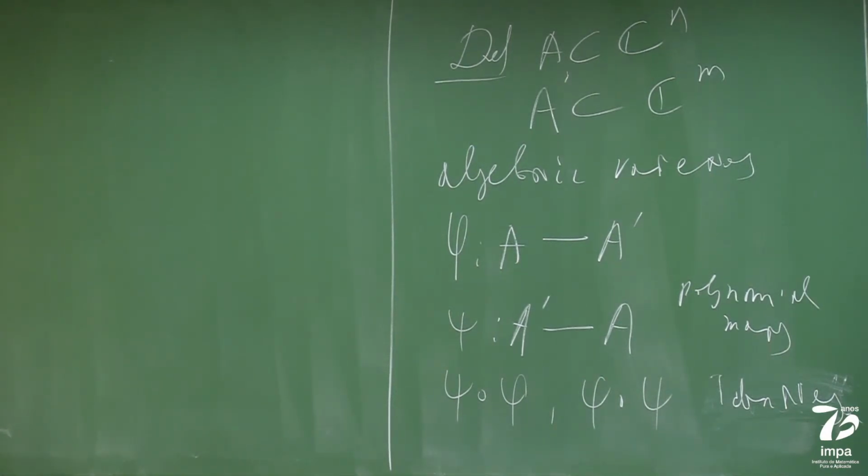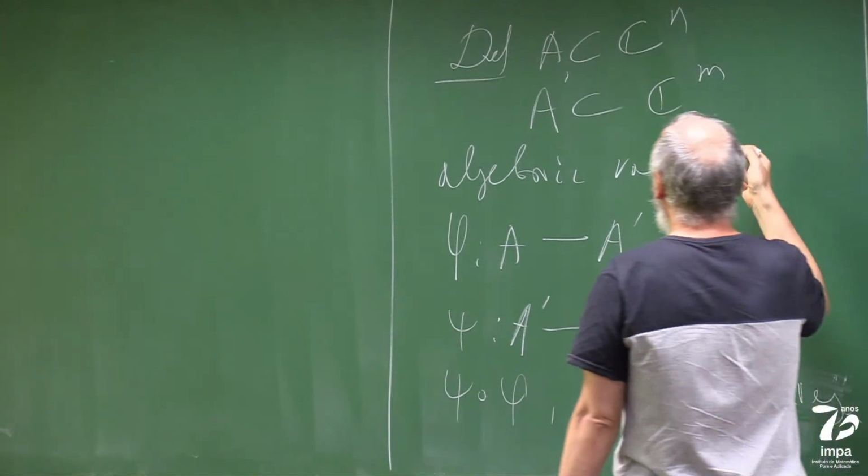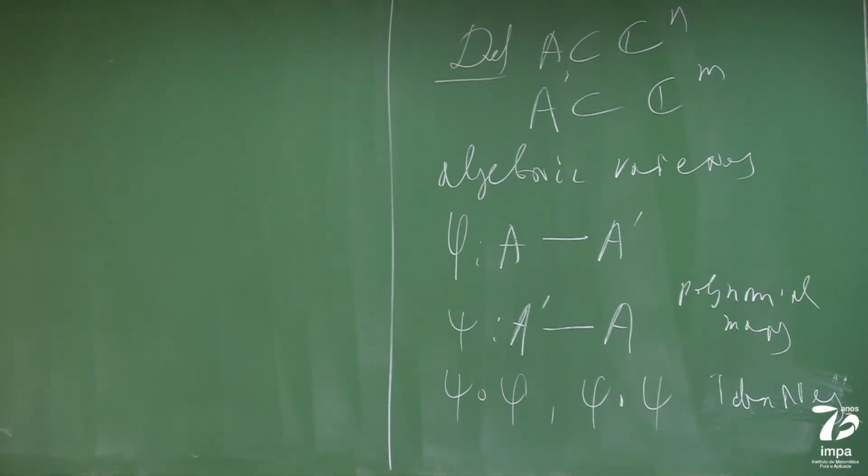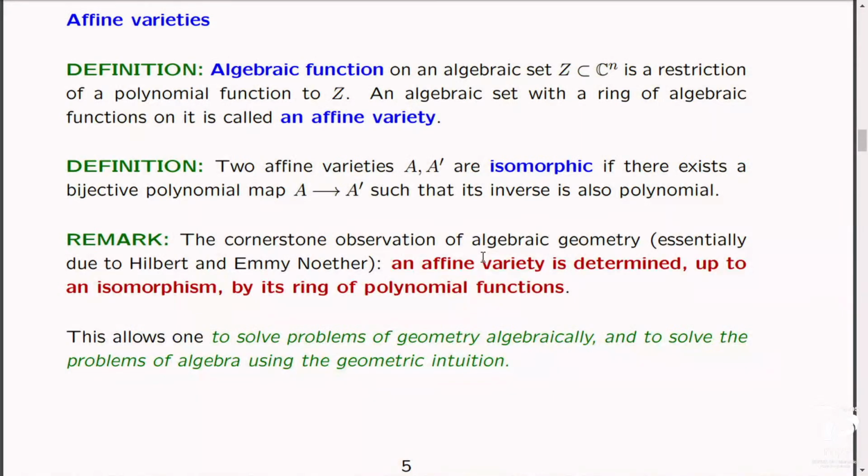Okay, so algebraic geometry, at least affine algebraic geometry, deals with algebraic varieties up to isomorphism. And then the catch is due to Hilbert, Emmy Noether, and some other mathematicians as well, who realized that the category of the affine variety is the same as its ring of polynomial functions.